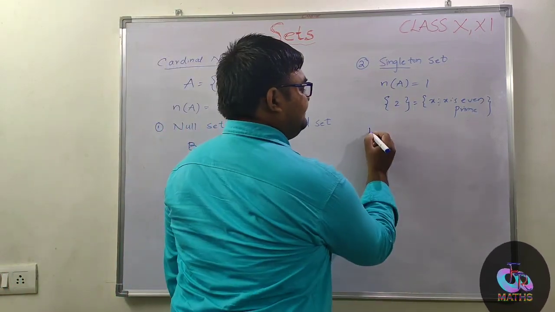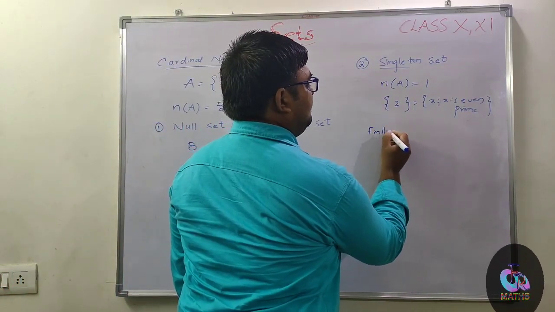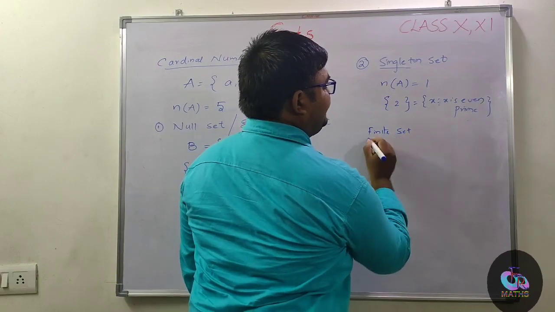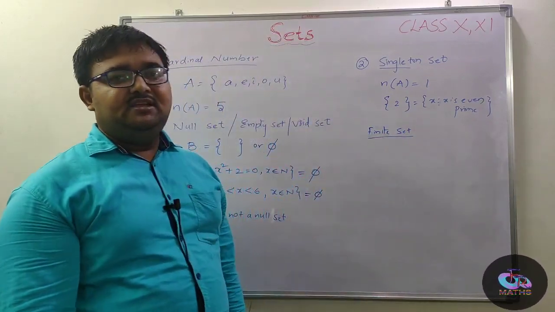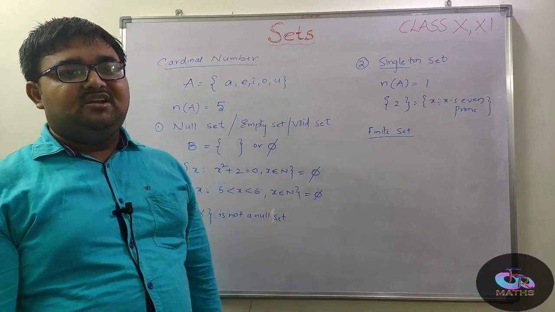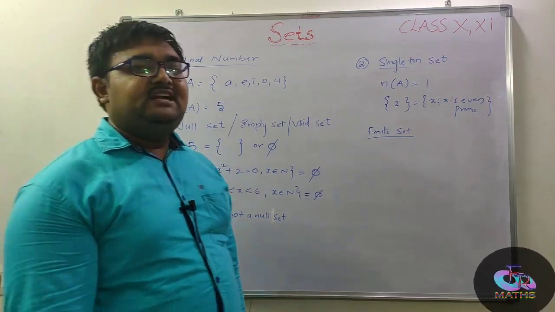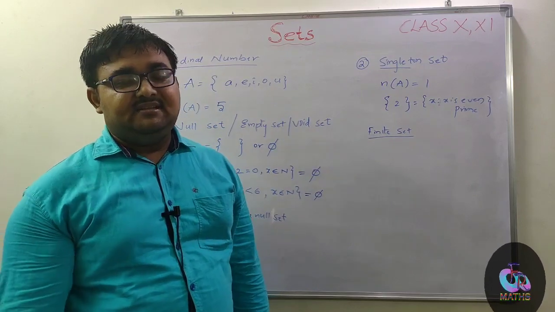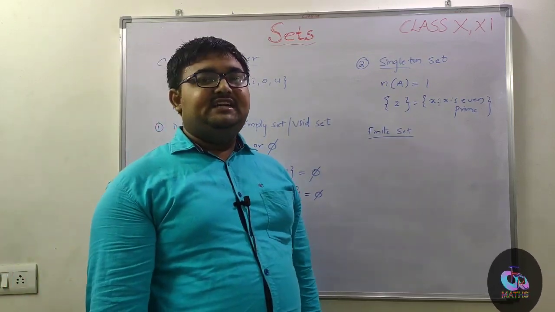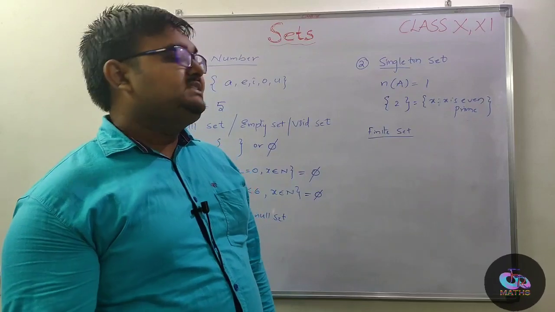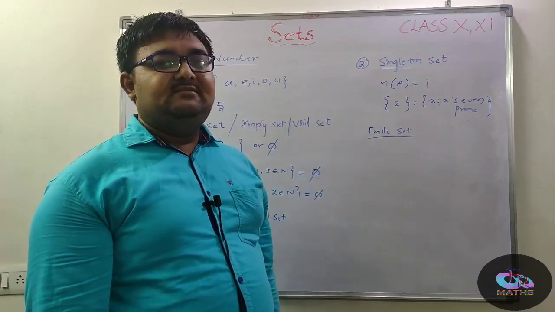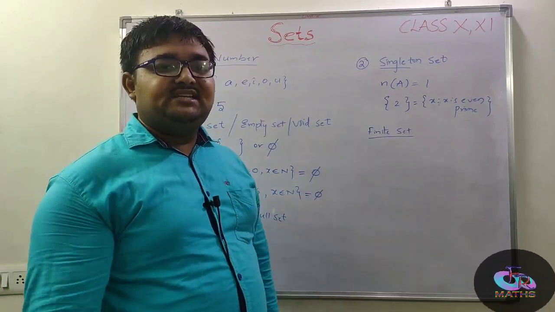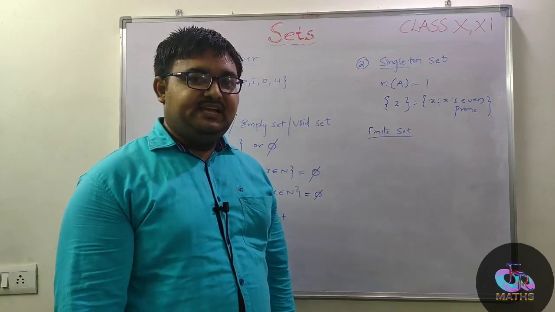So finite set, finite means we are having a certain countable number of elements. If the cardinal number of a given set is a finite number, then we say that the given set is a finite set. So generally, finite sets contain 0 elements or a countable number of elements.